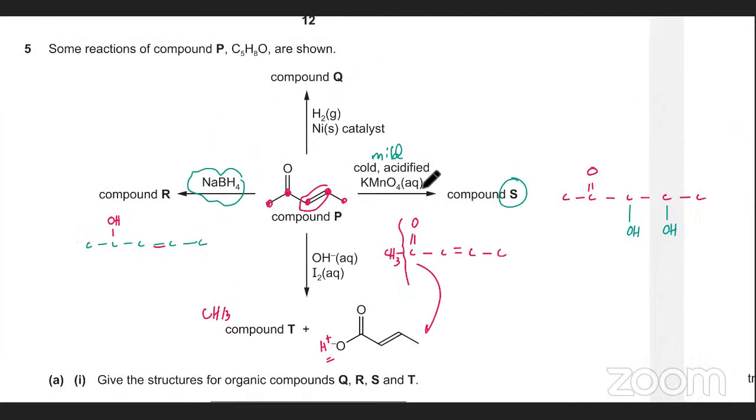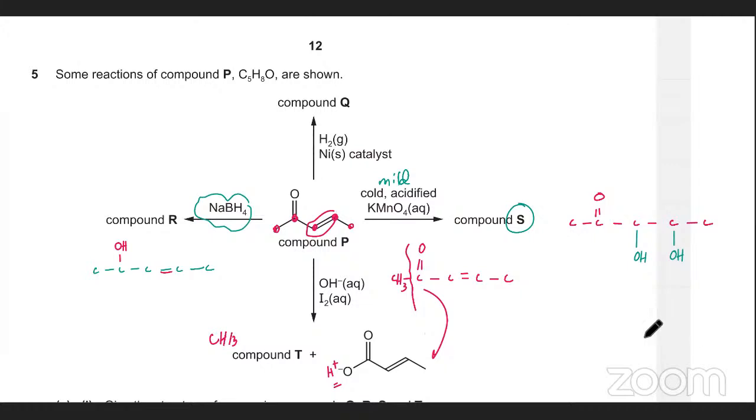And the last one is, what happens if you add hydrogen with nickel catalyst? What happens in that case is hydrogenation happens at the double bond. So you've got 3 carbon atoms and you've got a double bond over here. Hydrogenation would happen, the double bond would turn into a single bond and H atoms will get added to this.